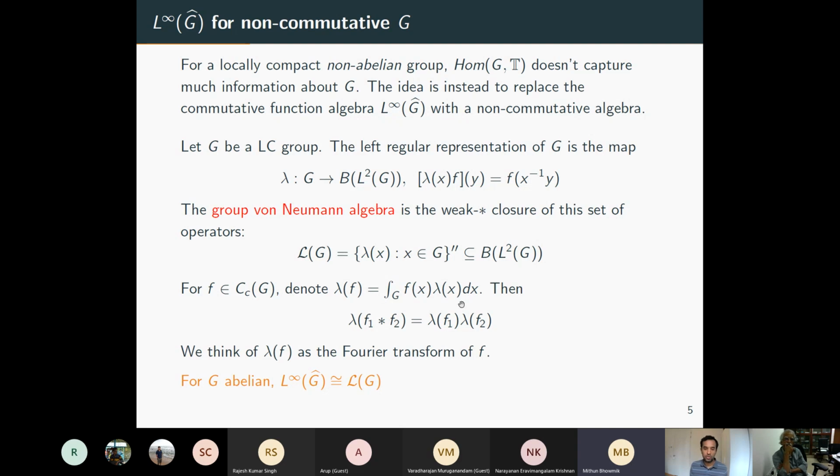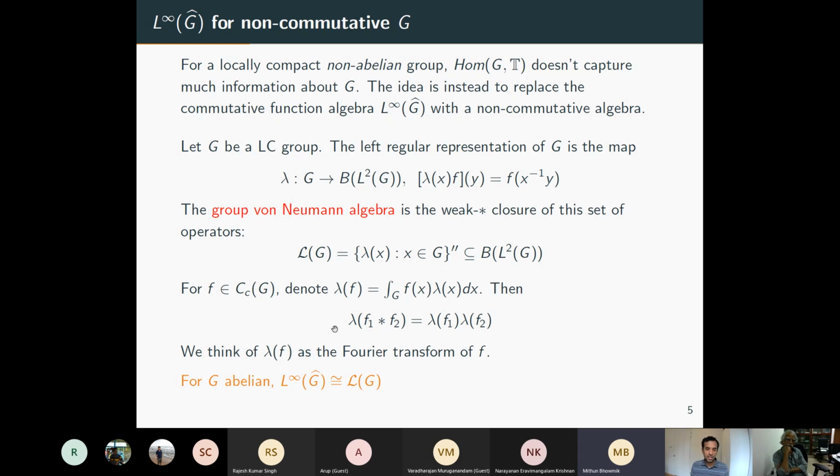You interpret this integral as a strong integral, as a limit. Then what you can check is that lambda of the convolution of two functions at the group level is the product of these two operators, lambda f1 and lambda f2.